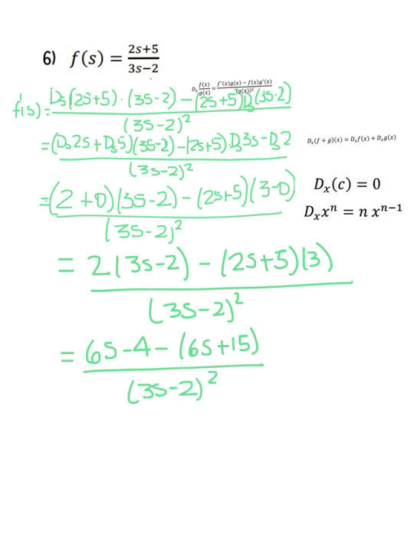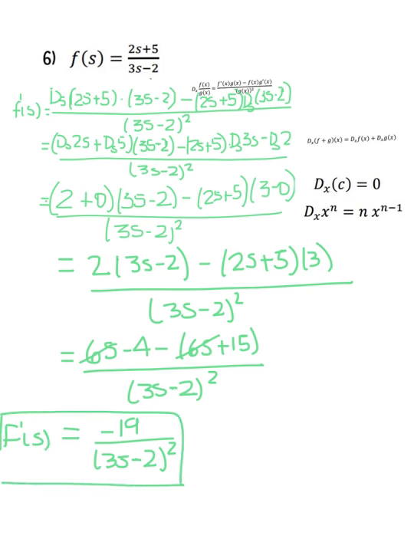And by simplifying the terms, 6s minus 6s, it is negative 4 minus 15, which is negative 19 over 3s minus 2 squared. And this is just a simplification because we have already done all the rules related with derivatives. So the final answer is as it is.